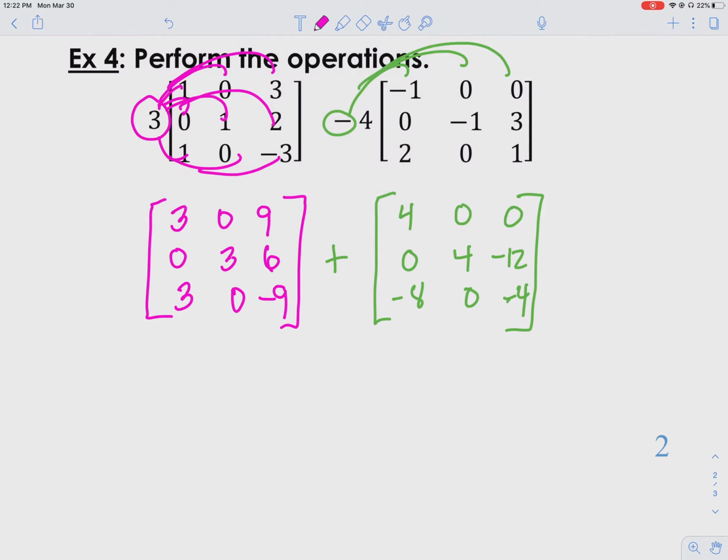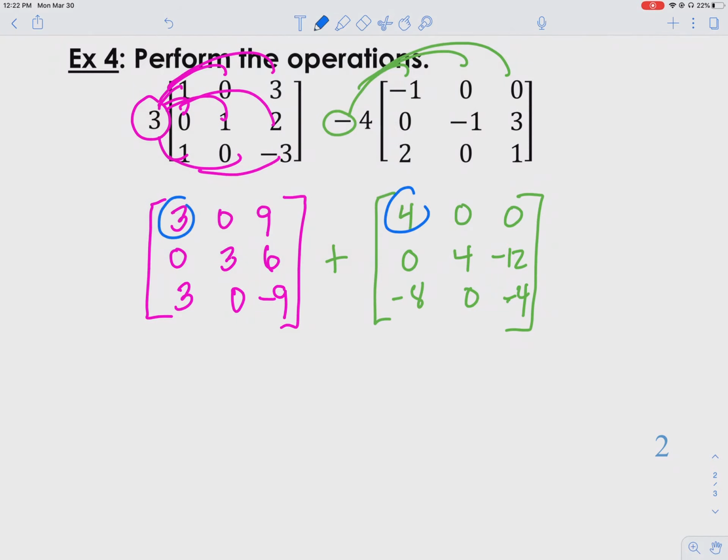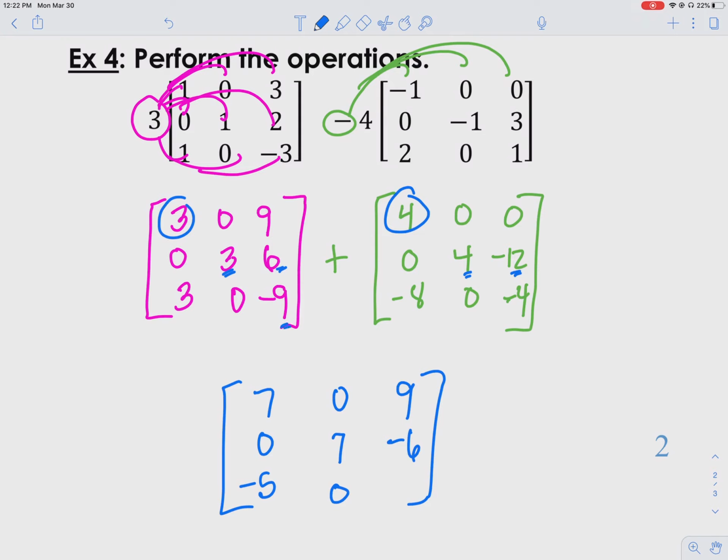So I'm going to add my 3 and my 4 together, and I'm going to get 7, and then I've got 0 and 9. So all I'm doing is adding everything in each of these. 3 and 4 gives me 7. That's going to give me a negative 6. This one's going to give me a negative 5. And then the last one is what?